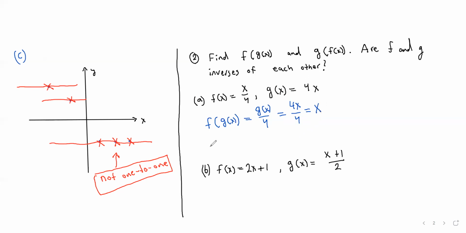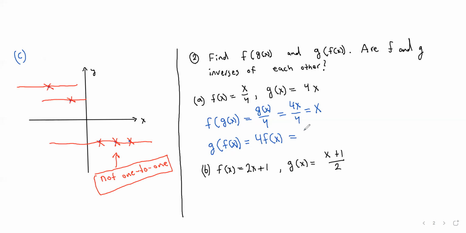Now let's find g of f of x. Same idea. You go to the equation for g and replace every occurrence of x with f of x. So 4x becomes 4f of x. And now we know that the equation for f of x is x over 4.